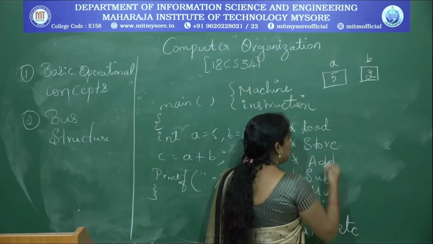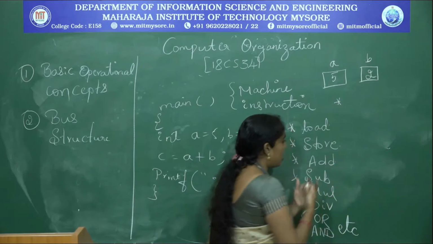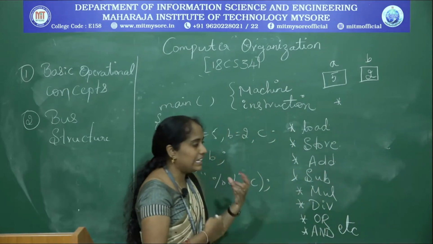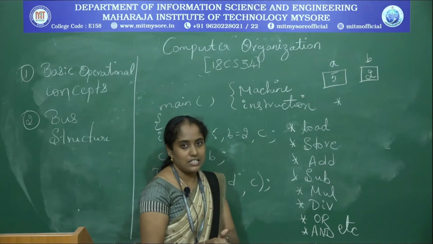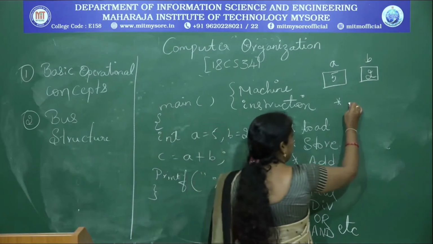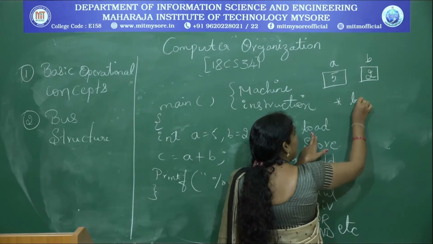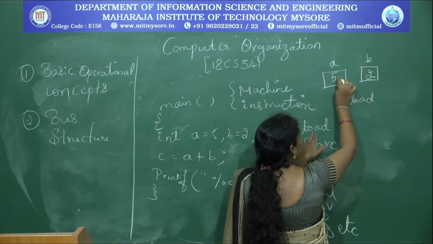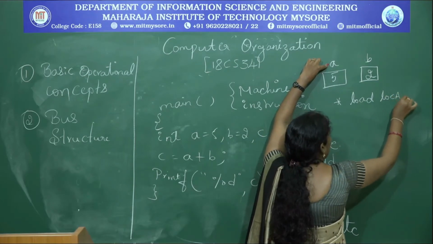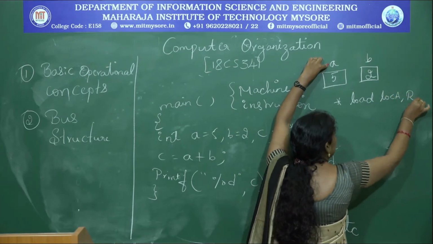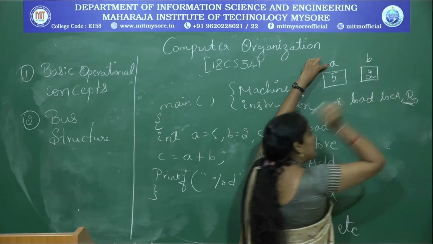First, this is your first step, your processor will take the data from the main memory to a register, right? How? For that we are using the load instruction. Say for example, this is location A, comma R0. Here R0 is the register.